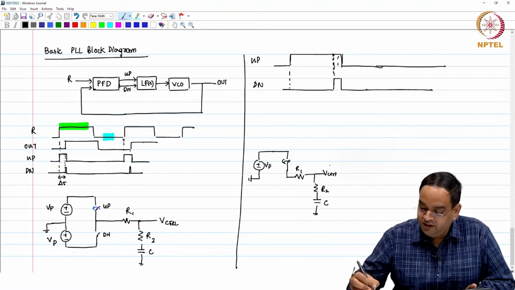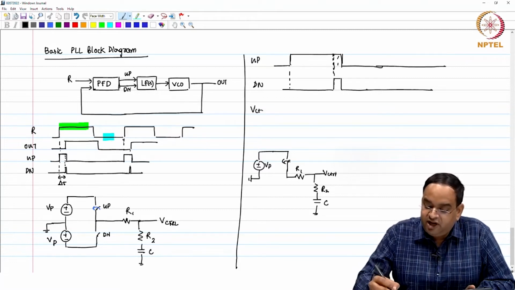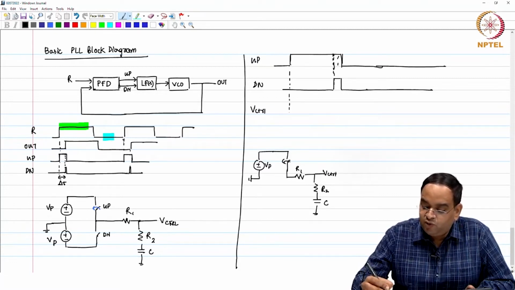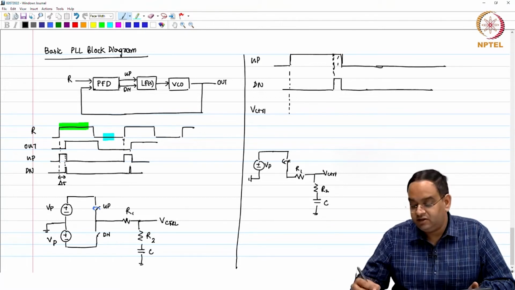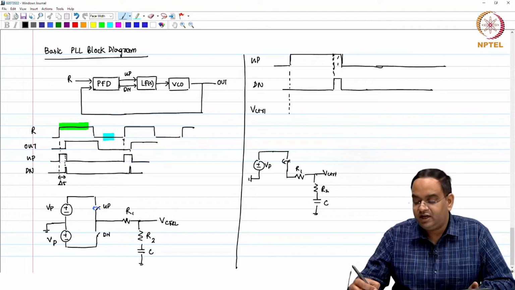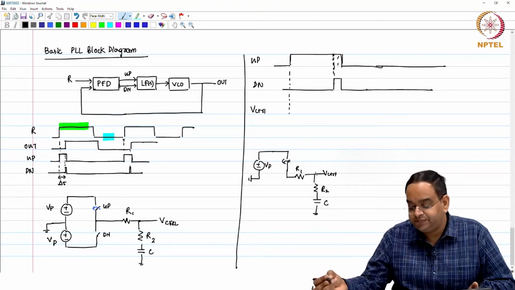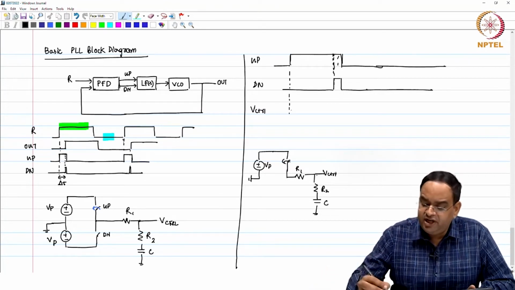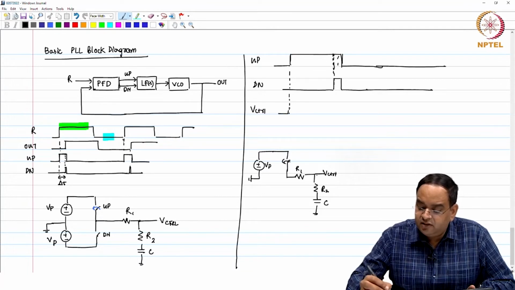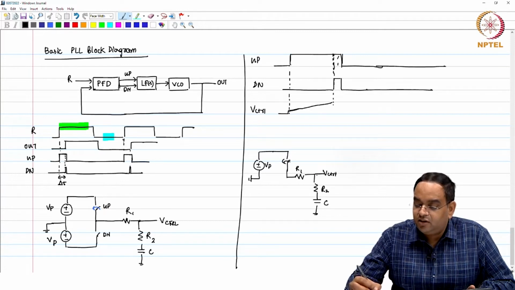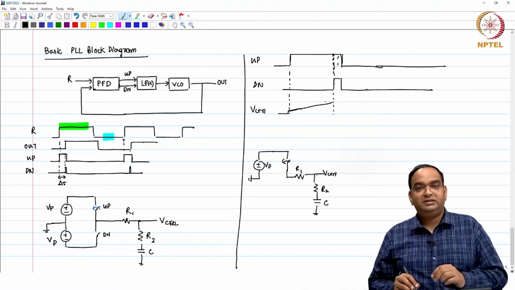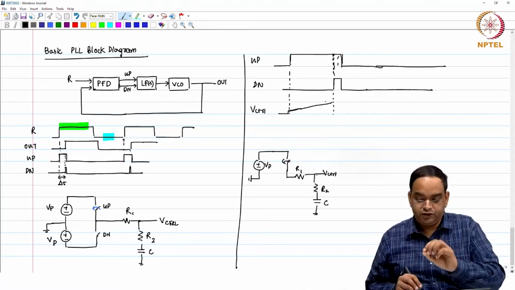I am not solving this particular part, but I am just writing V control as whatever previous value it had, because it has a capacitor. Based on this capacitor, this voltage will increase. I am just drawing it, do not go by this curve. This voltage, whatever it has, will be proportional to Vp for sure.